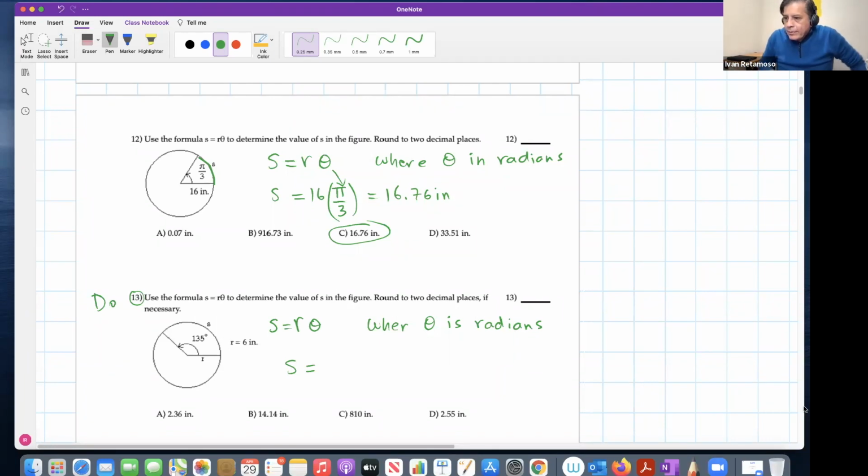And you need the calculator here as well. We're trying to compute this arc length, but now the angle is in degrees, so convert it to radians and then use the formula. Yeah, that's the arc length.